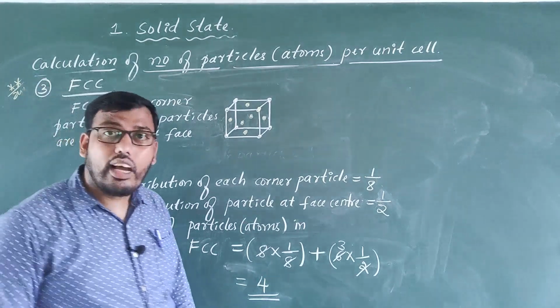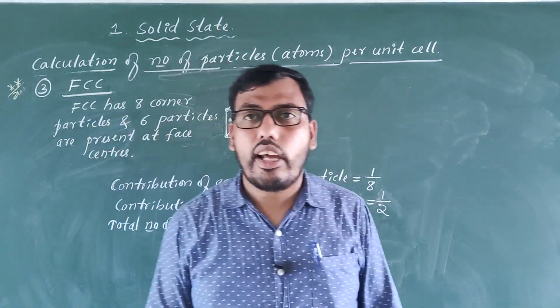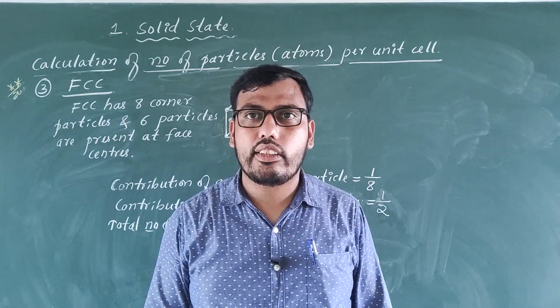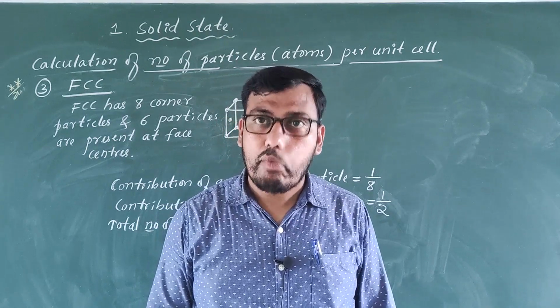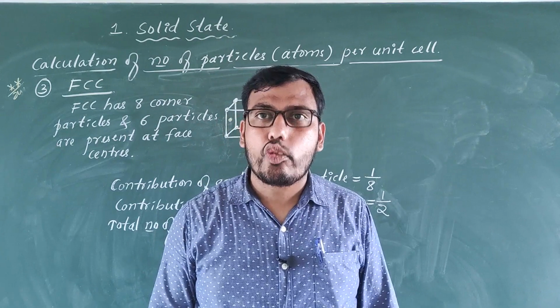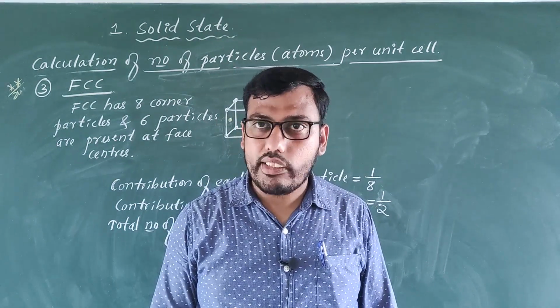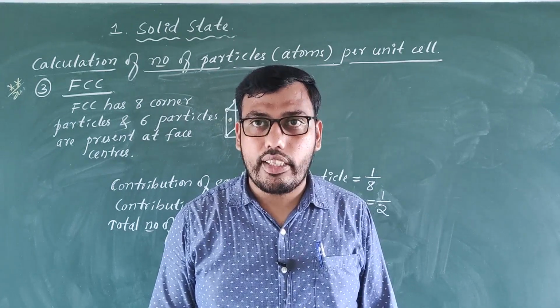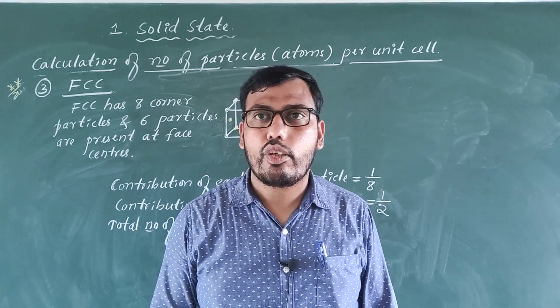So finally I am concluding. We have calculated that a simple cube has 1 particle per unit cell, BCC has 2 particles per unit cell, and FCC has 4 particles or atoms per unit cell.